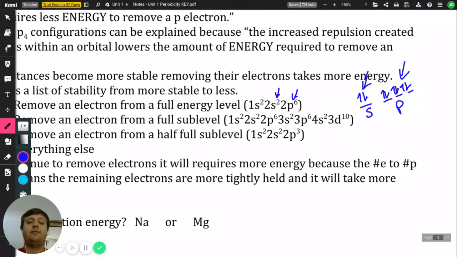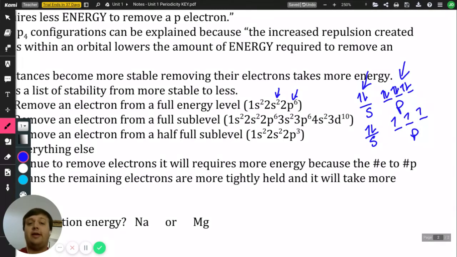So then what would a half full sublevel look like? So if I have S, one up and one down, and then I had P, and P was just up, up, up, right? Because you always fill them in single before you double them up. So if I have this here, this would be a half full sublevel.